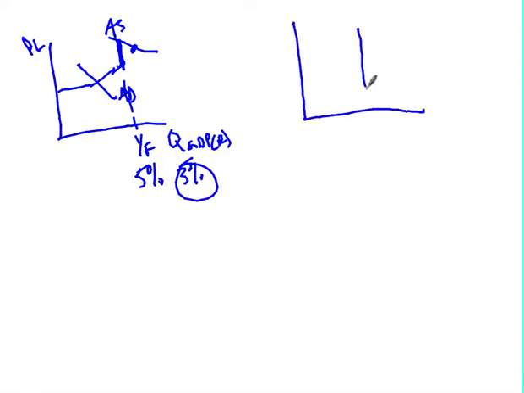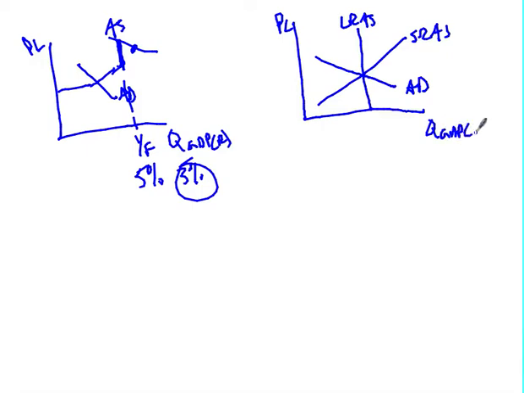If we do this, all right, this is kind of the standard model. Short run aggregate supply, aggregate demand, long run aggregate supply, price level, Q, GDP, real. All right.